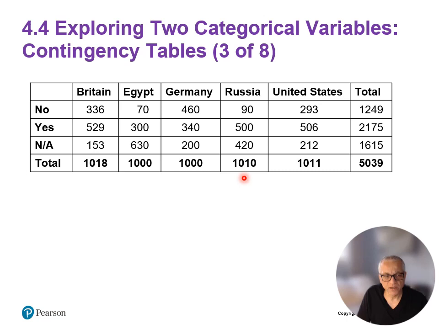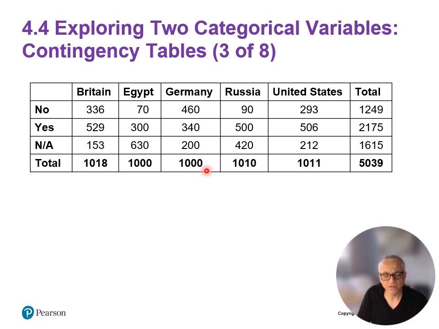Another example: what is the probability that this person said not available and comes from Russia? Not available and Russia is 420 divided by 5,039. Again, this is a joint probability.